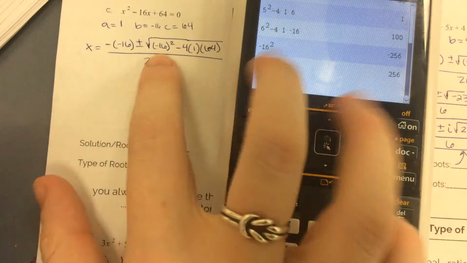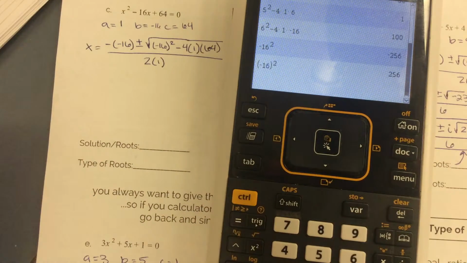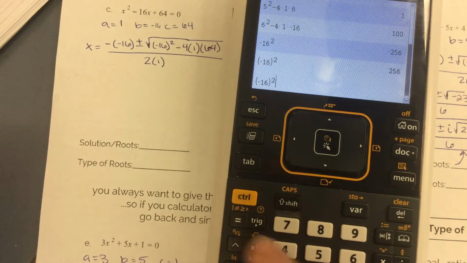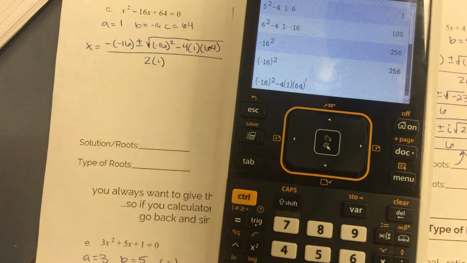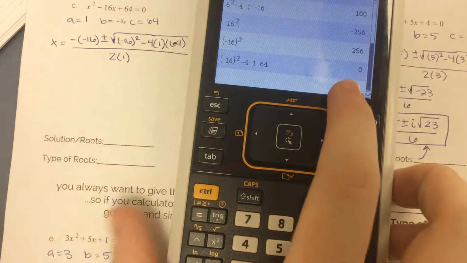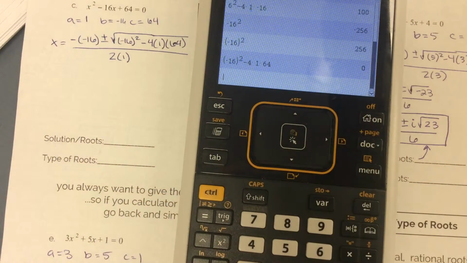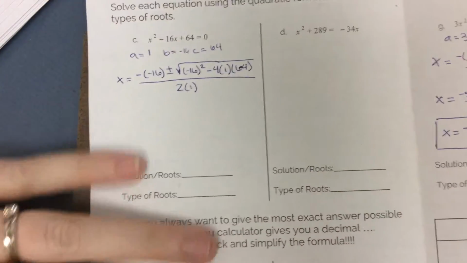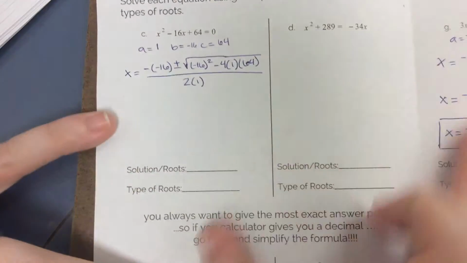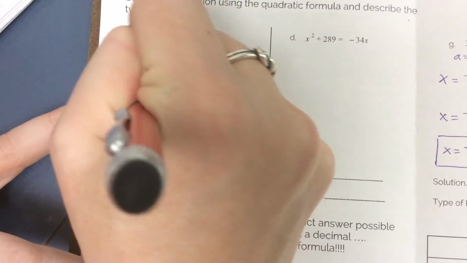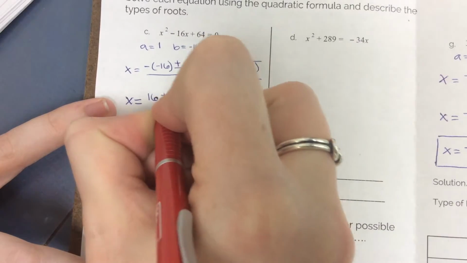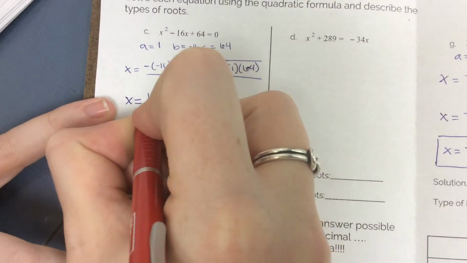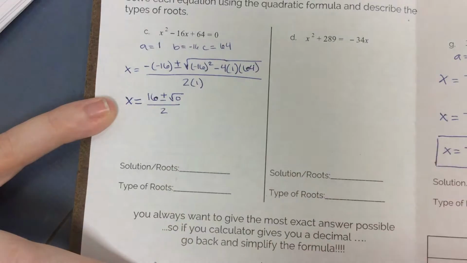So we're going to plug this whole thing into our calculator. We got negative 16 squared minus 4 times 1 times 64. Nice, everything's in parentheses. When you calculate that, it gives you 0. So I have x equals a negative 16, so that means a positive 16, plus or minus the square root of 0 divided by 2 times 1, which is 2.